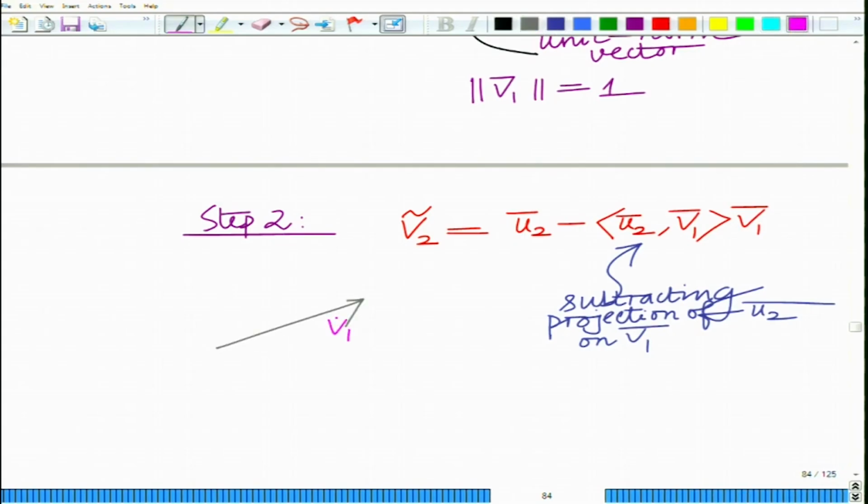Let us say this is V1 bar, and now you have this vector U2 bar, and this can be represented as the sum of two components. One is the projection, which we can term as the parallel component, U2 bar P, and the other is the perpendicular component, and this can be written as U2 bar perp.